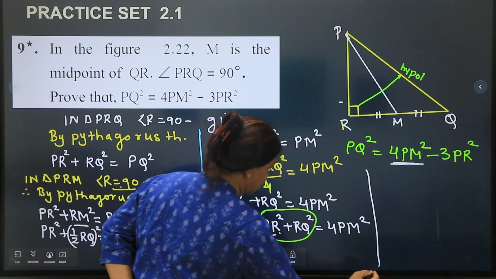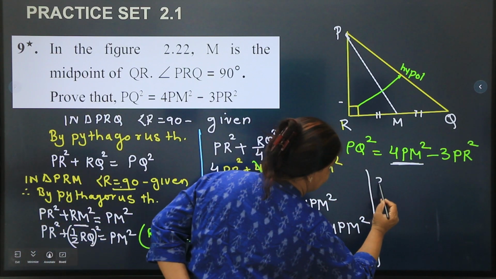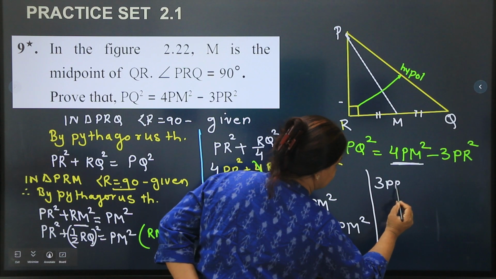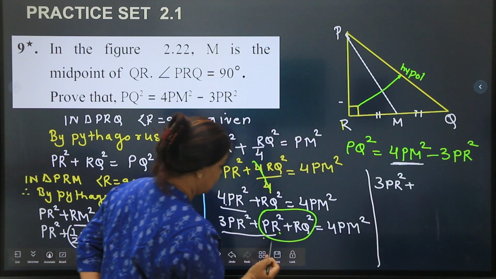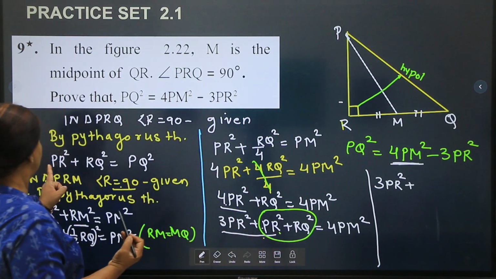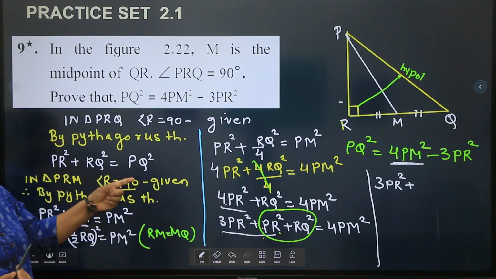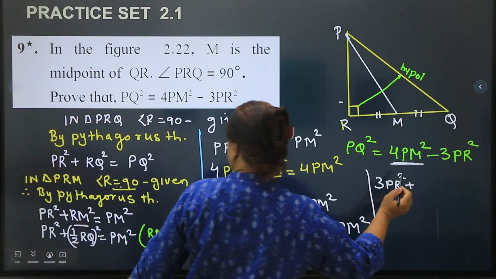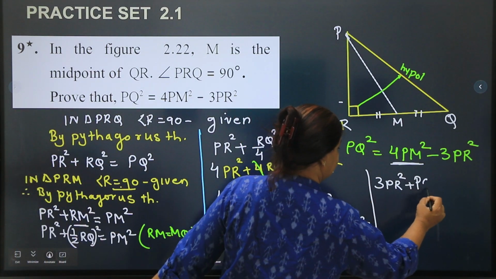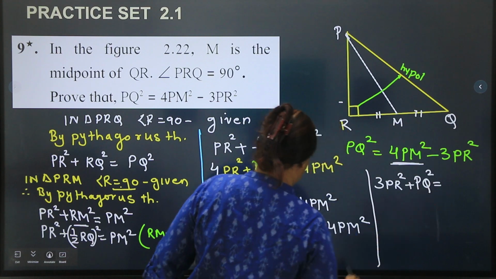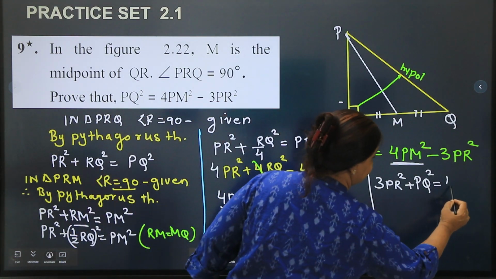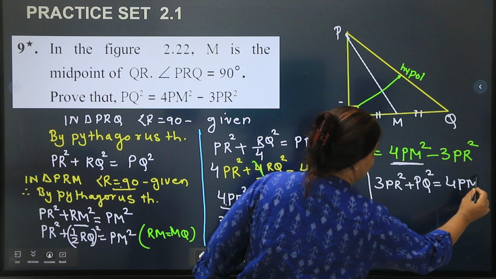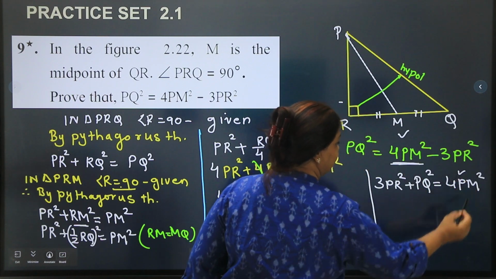So I will be able to get 3 PR square plus PR square plus RQ square. See here, PR square plus RQ square is PQ square. This value I will be placing over there. So I will be getting PQ square, which is equal to 4 times PM square. I wanted 4 times PM square, I got 4 times PM square.